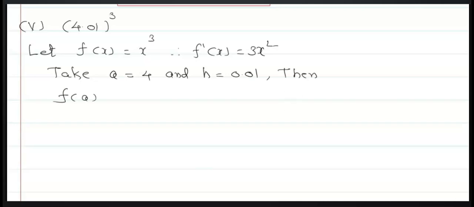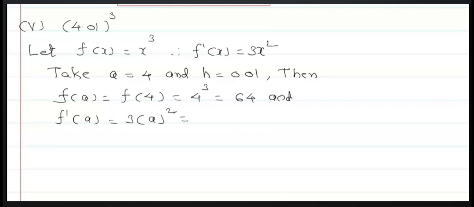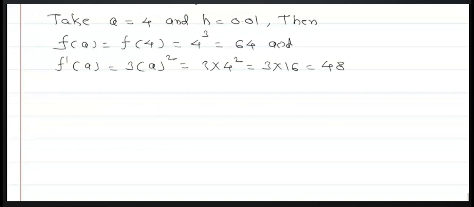Then f of a is equal to f of 4, that is 4 raised to 3, that is equal to 64, and f dash of a is equal to 3 into a square, that is 3 into 4 square, that is equal to 3 into 16, that is equal to 48.